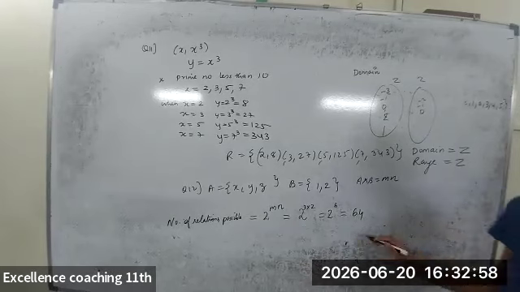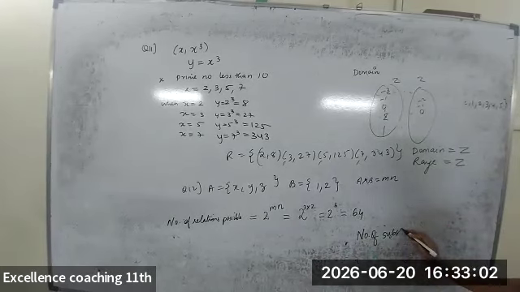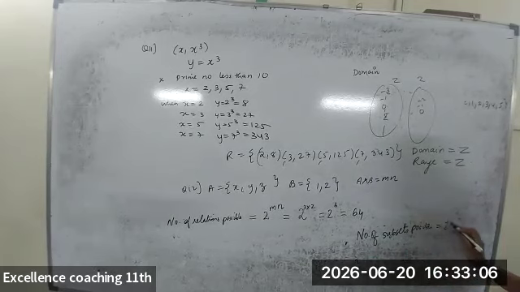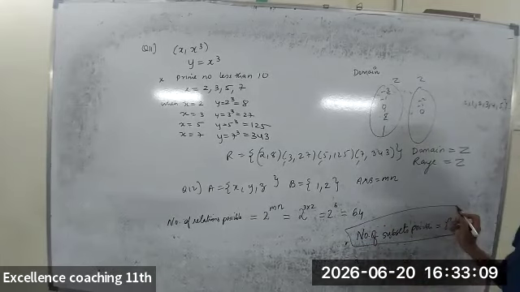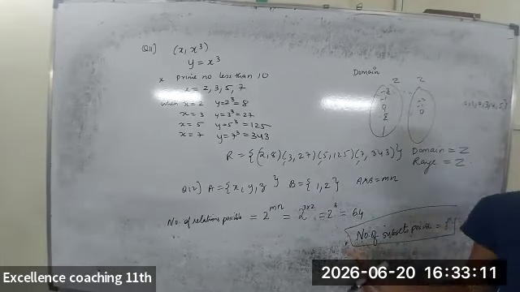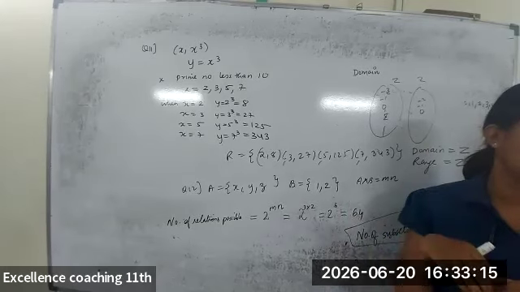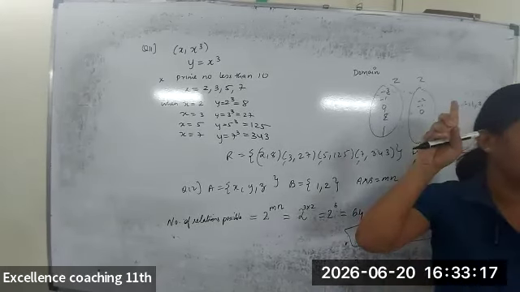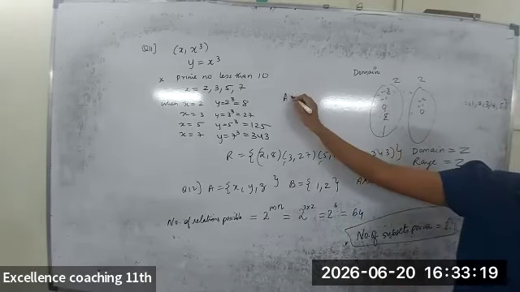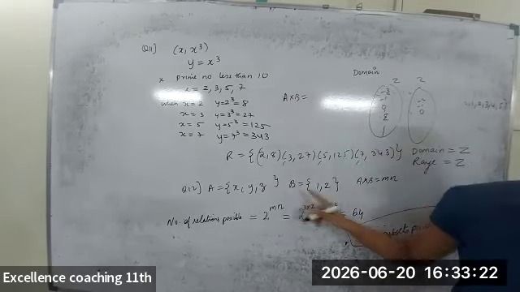This too, we have learned in the sets formula: the number of subsets possible is always 2 raised to n. This is a fixed formula which we have learned under the sets chapter. Now, how many relations are possible? Relations are nothing but subsets. Whose subsets? Subsets of the Cartesian product. So how many elements will be there in A cross B? 6.